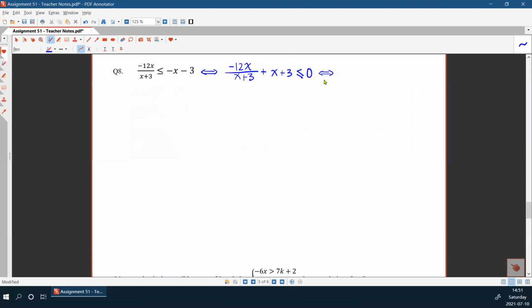And this is equivalent to, let's rewrite the expression on the left-hand side using a common denominator, which is x plus 3. So minus 12x over x plus 3, plus x plus 3 times x plus 3 over x plus 3. This should be smaller than or equal to 0, right?